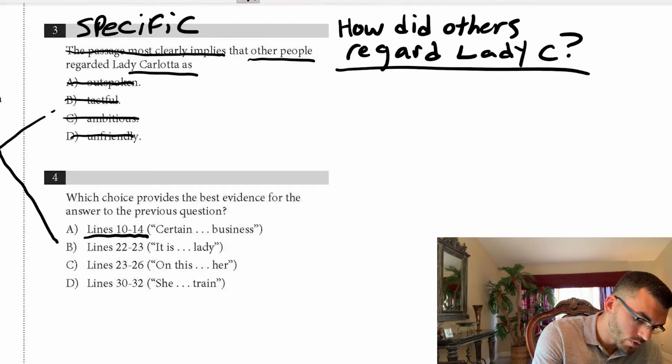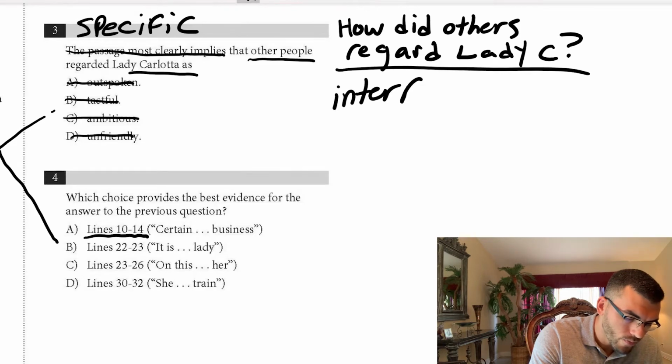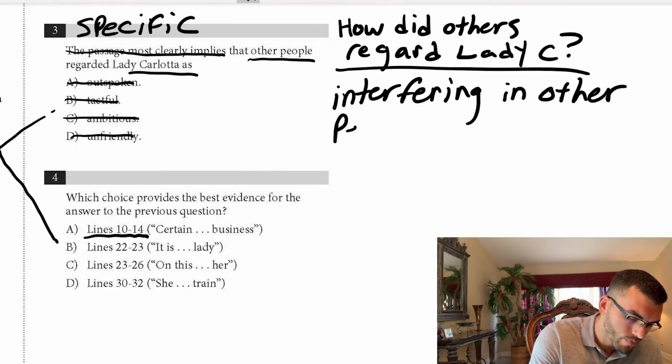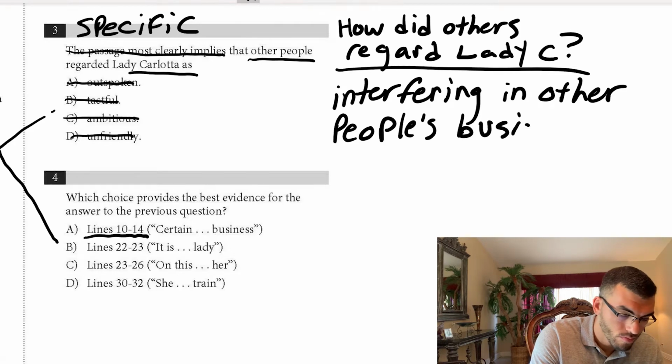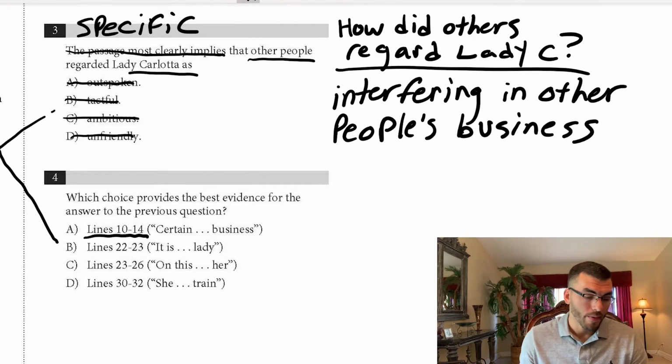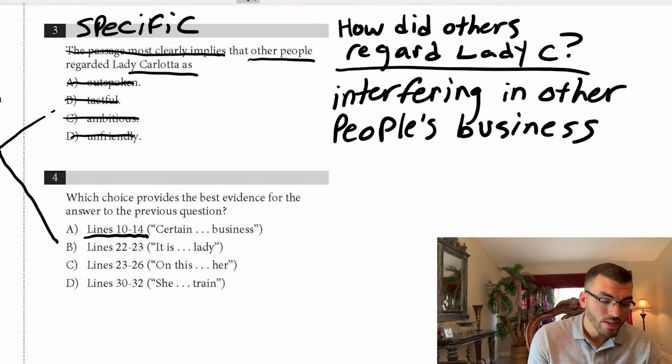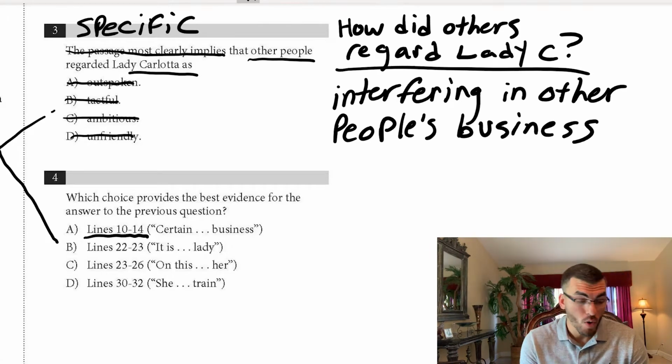So our own answer choice was a lot of interfering in other people's business. Okay, so which answer choice matches what we came up with?